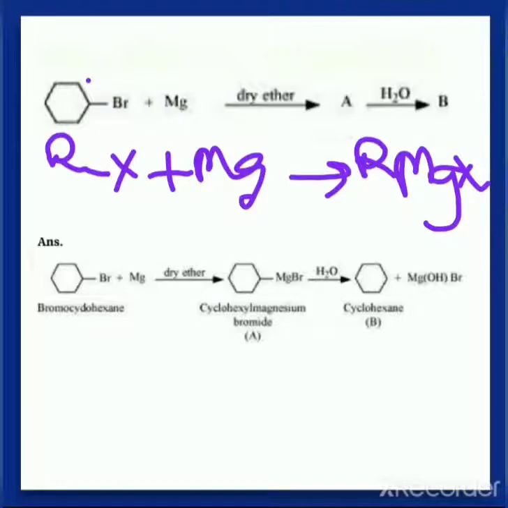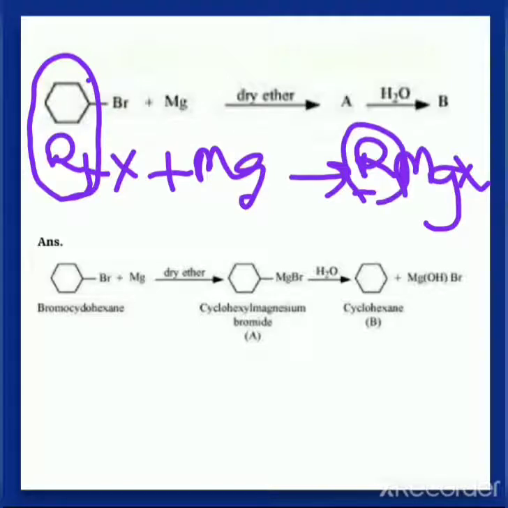So now you need to apply this general equation to this reaction. At that time you can find what is R here. When you identify this one, this is our R. So in the place of R on the product side, you need to keep that R, that is a ring. So we'll get the product, that cyclic ring MgX.